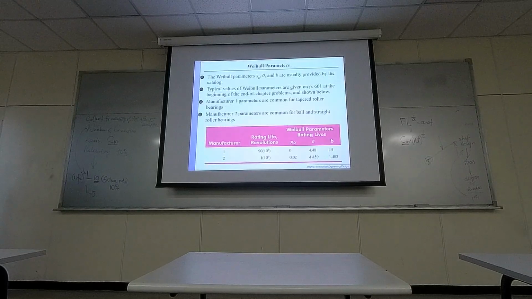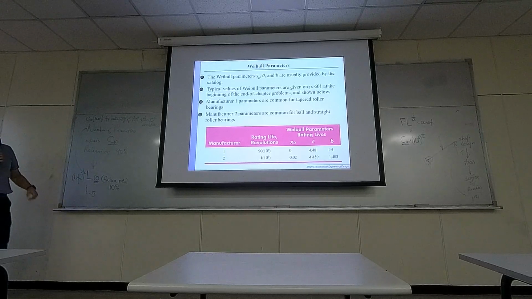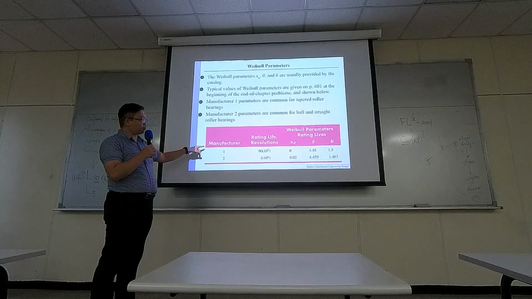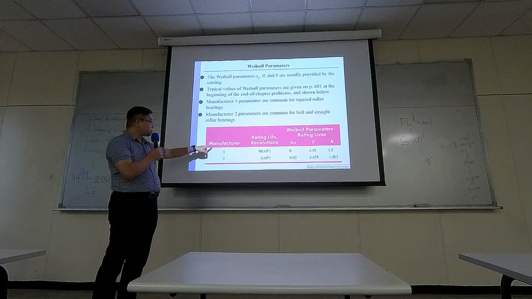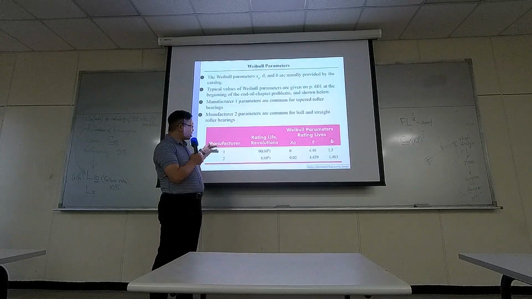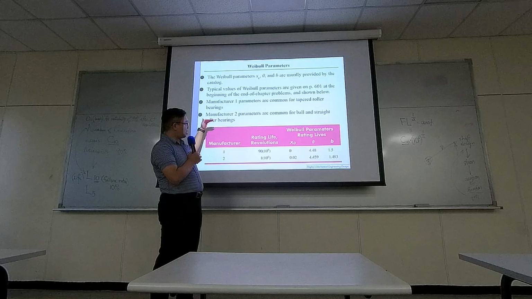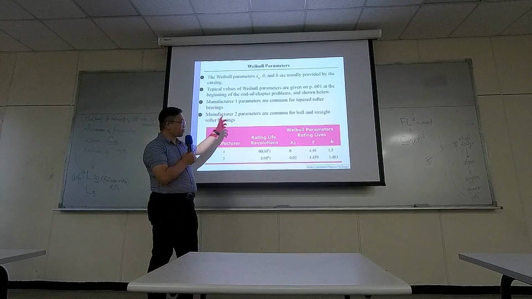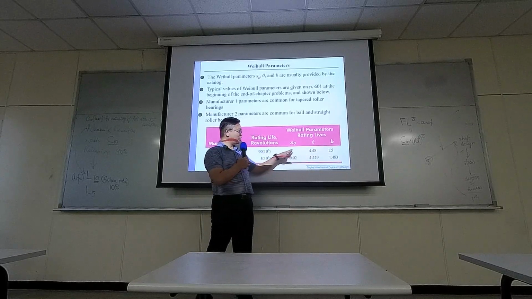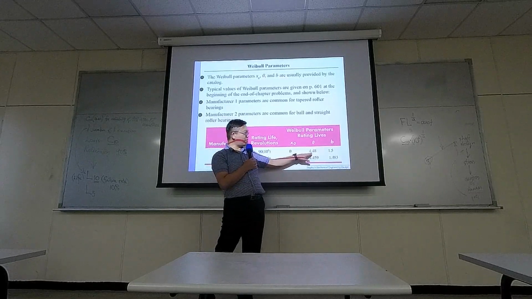Okay. So how about some examples. Like right here, it is showing some values provided by the manufacturer. So right here, it's telling you this particular bearing has some Weibull parameters over here, x0, theta, and b.